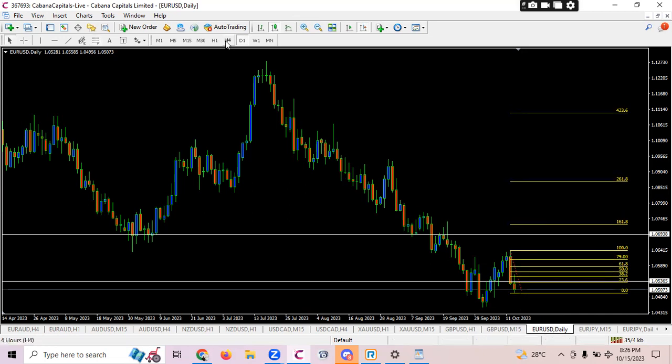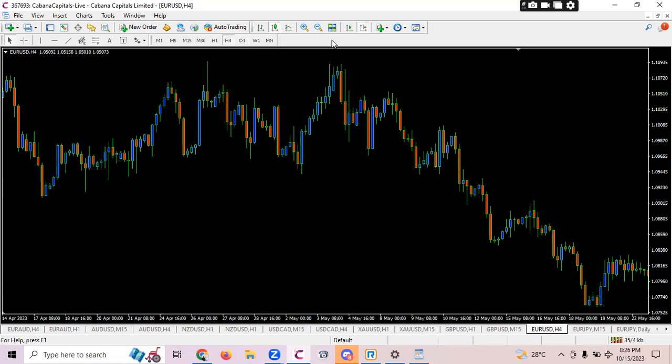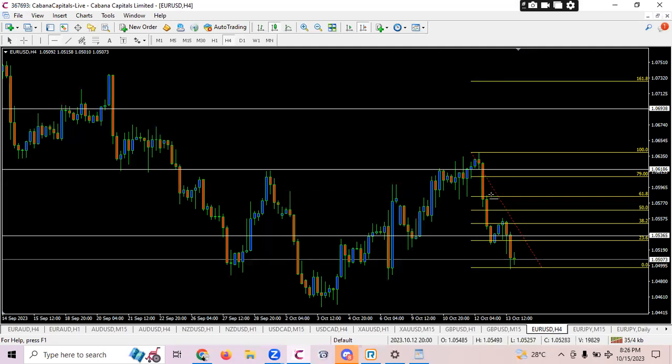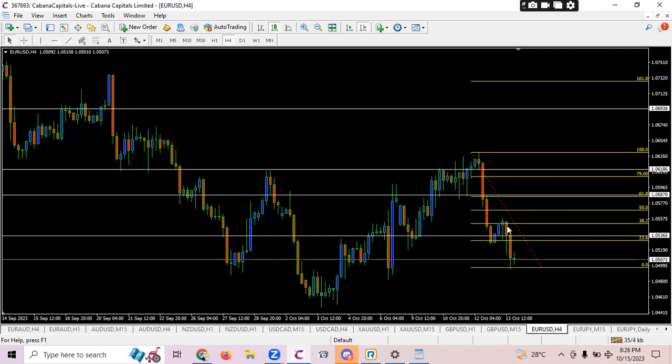Okay, so let's go down to 4 hour. On 4 hour, you can see we have a fair value gap here, and this fair value gap is at a premium zone, right? So we should see price pull back. We had another one here, just as we have it on GBP USD.